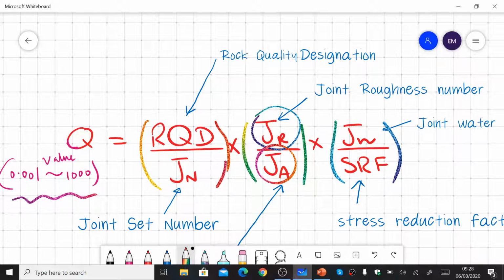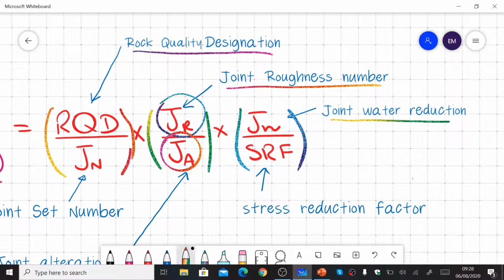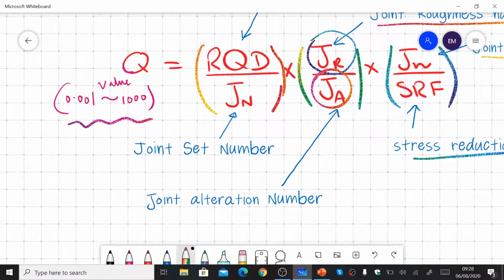RQD is the rock quality designation, which we already know. JR is the joint roughness number, JW is the joint water reduction factor, SRF is the stress reduction factor, JA is the joint alteration number, and JN is the joint set number.